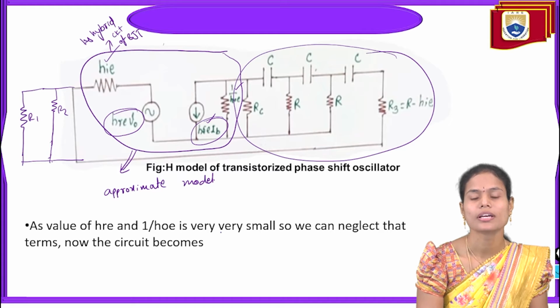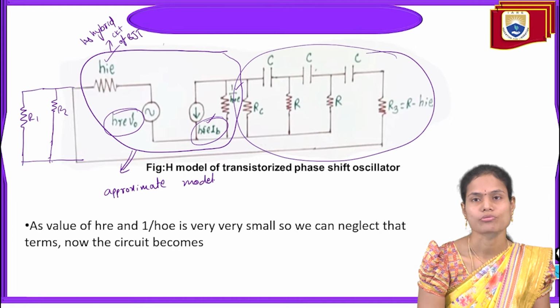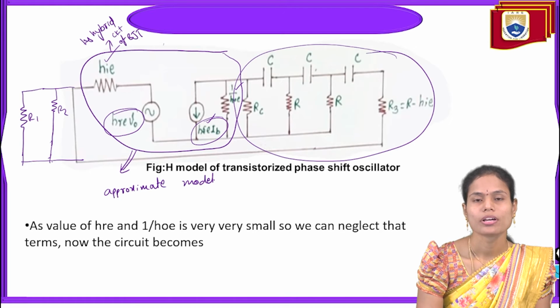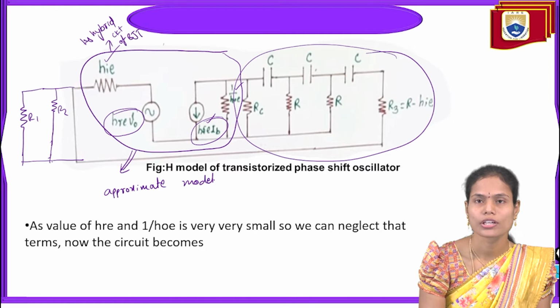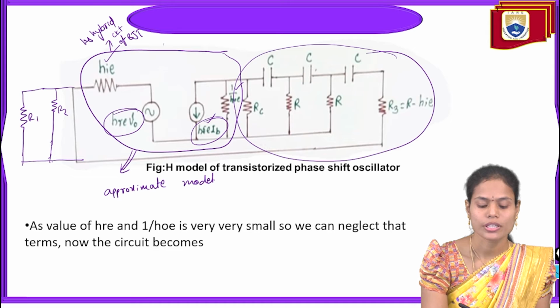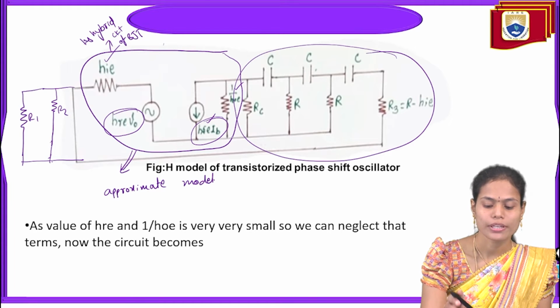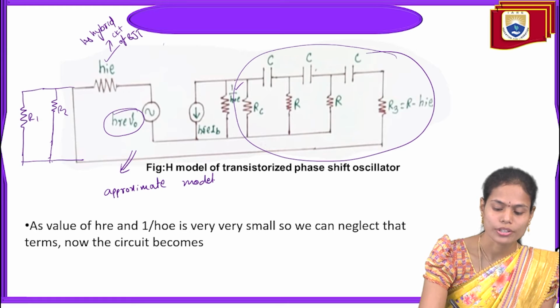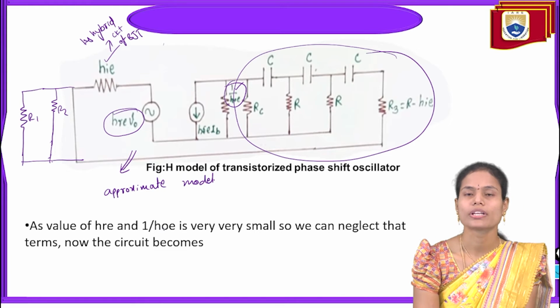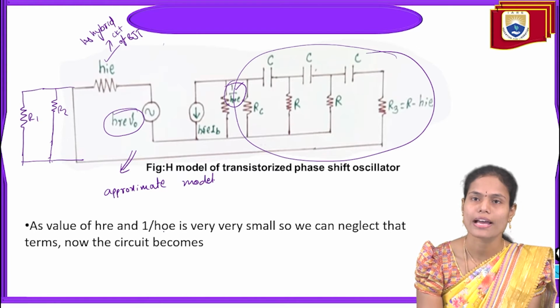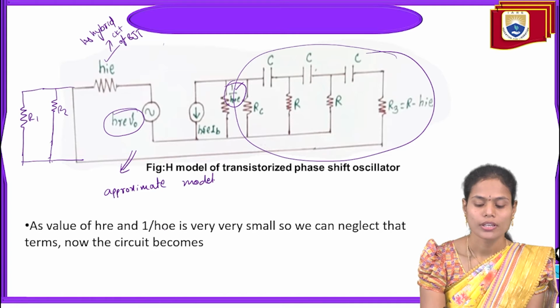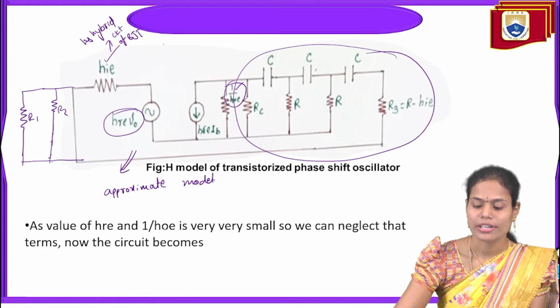Because these values are very small, so we can neglect them. In the approximate model, we already discussed why we are removing the two parameters. After removing HRE, V0 as well as 1 by HOE, not HFE, we will get the equivalent circuit.